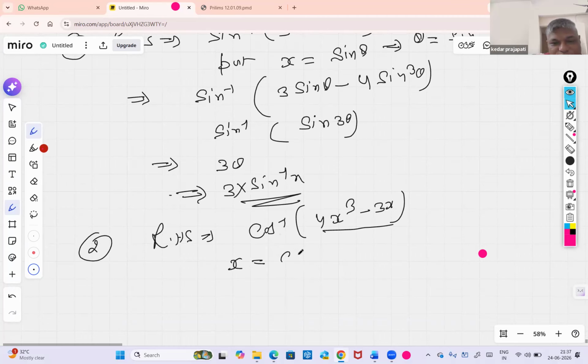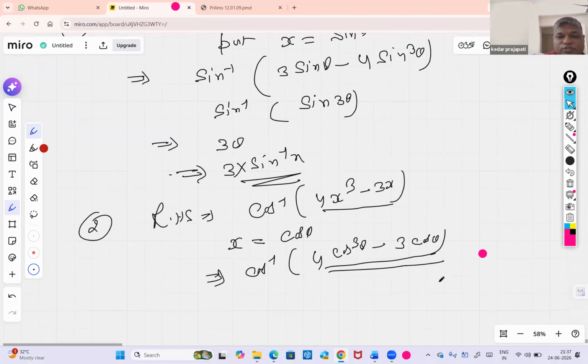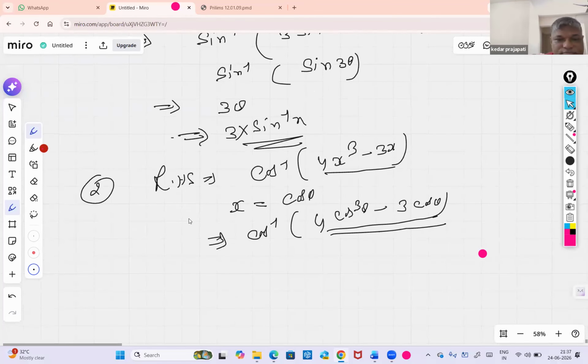X equal to cos theta, which implies cos inverse of 4 cos cube theta minus 3 cos theta. This entire thing is cos 3 theta.